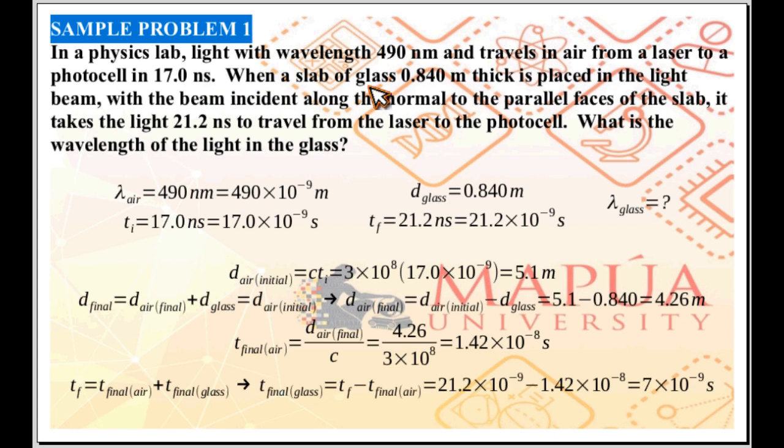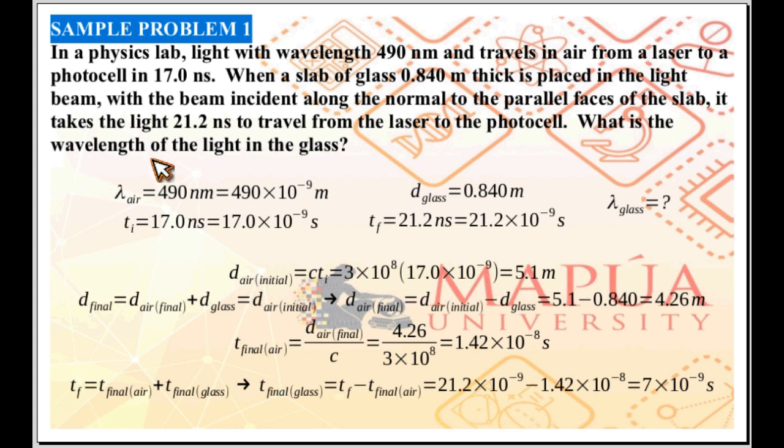When a slab of glass 0.840 meters thick is placed in the light beam, with the beam incident along the normal to the parallel faces of the slab, it takes the light 21.2 nanoseconds. So it takes the light slightly longer to travel from the laser to the photocell.